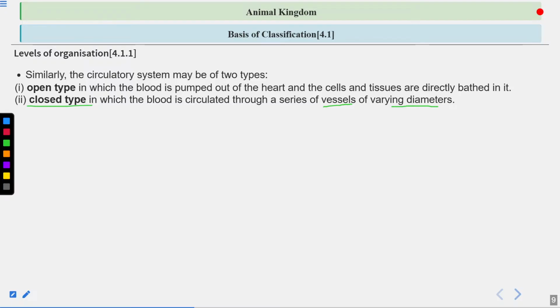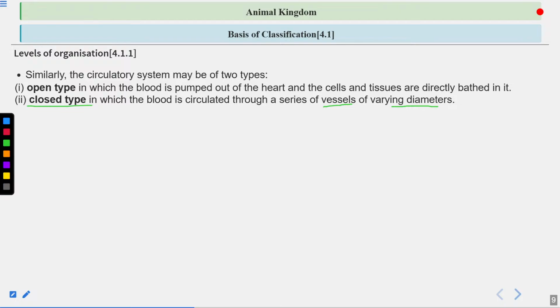Now for the phylum examples: arthropods, and mollusks also, have the open type of circulatory system. In these two phyla, you see the open type of circulatory system.